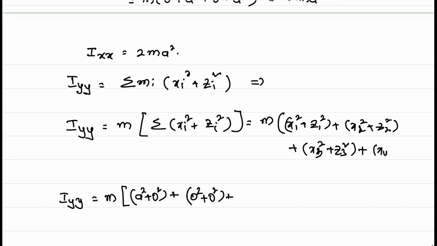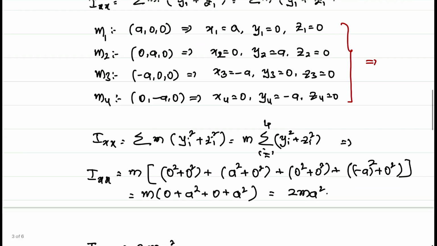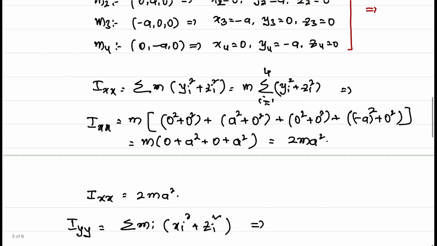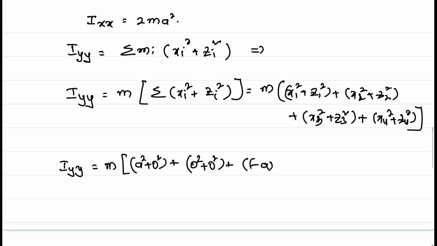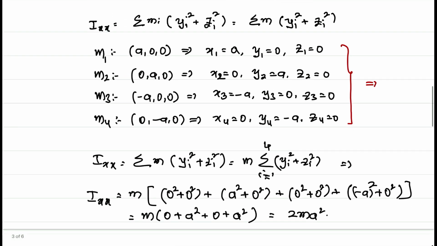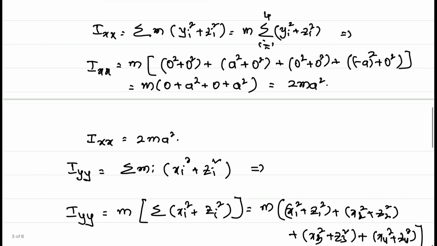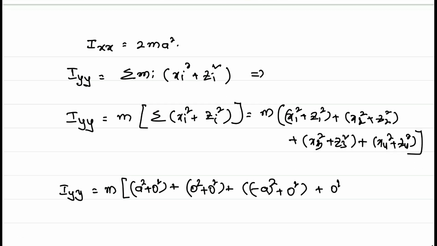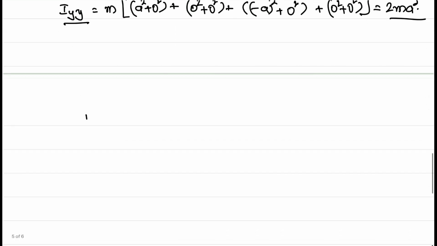Then x3 square plus z3 square, x3 is minus A, z3 is 0, minus A whole square plus 0 square, plus x4 square plus z4 square, x4 is 0, z4 is 0, plus 0 square plus 0 square, that is equal to 2mA square. Iyy is 2mA square.